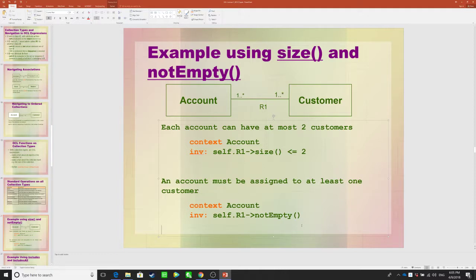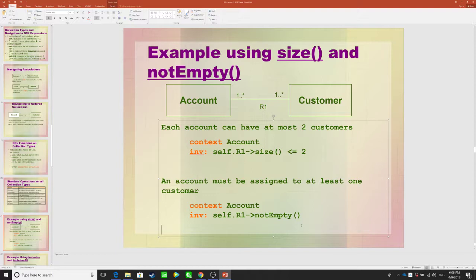So here, okay, account must be assigned to the list. Oh, sorry. So the context here is account, not the customer. Because we want to specify that customer is not empty. Yeah.